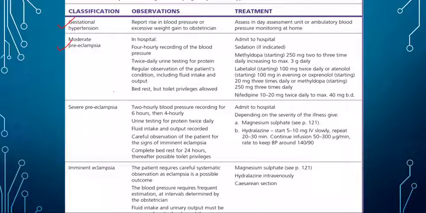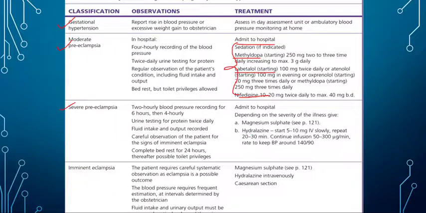For moderate preeclampsia, first of all, you have to monitor their blood pressure. You have to test their urine for protein, observation, bed rest. And we also have to admit the patient to the hospital and start the patient on either methyl dopa, labetalol, or nifedipine. That means that patient will need an antihypertensive.